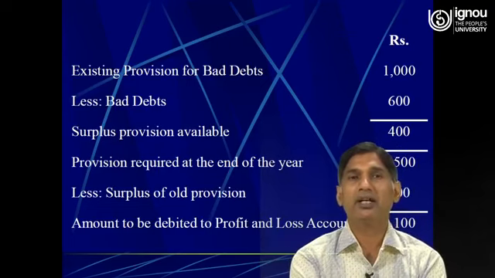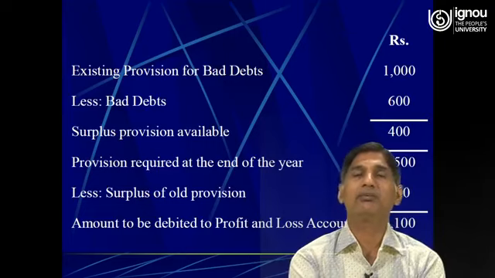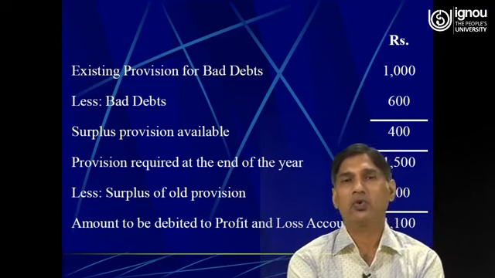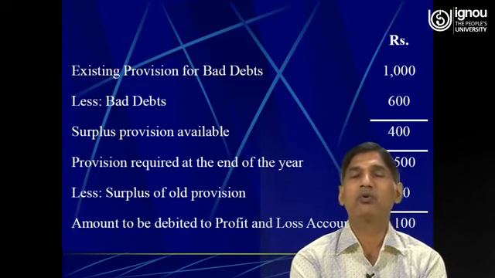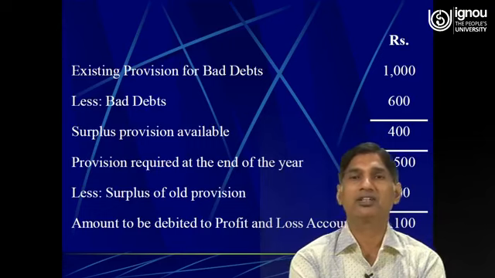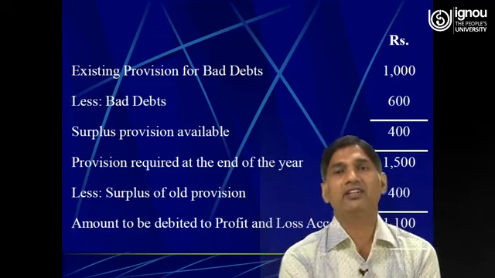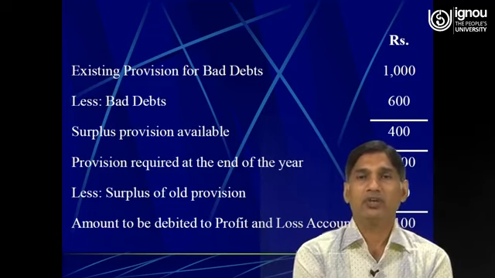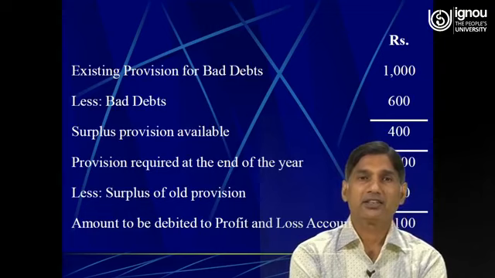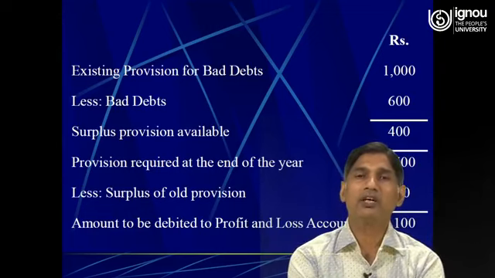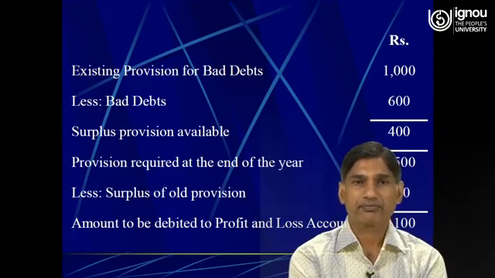So the fresh bad debts of rupees 600 will be met out of rupees 1000. The net amount is rupees 400, which means the surplus amount of old provision is 400. The provision required at the end of the year is 1500. Therefore, less the surplus of old provision, 400, the amount to be debited to the profit and loss account is 1100.